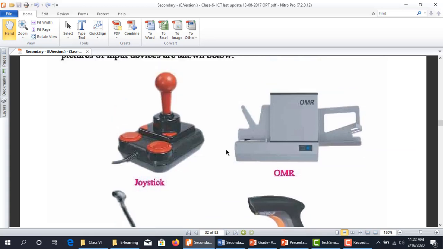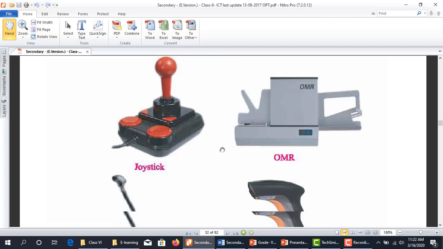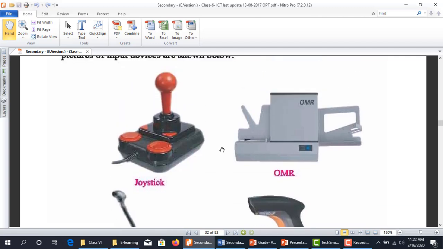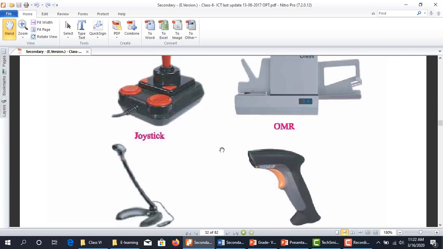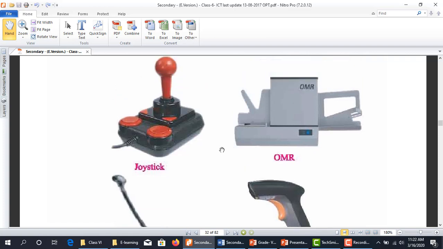That is called OMR, optical mark reader. This scanner will take your answers, what you have done in the paper answer script, and all the answers will be corrected, not checked by people. So OMR works like a scanner, scanning your answers. So OMR is an input device.